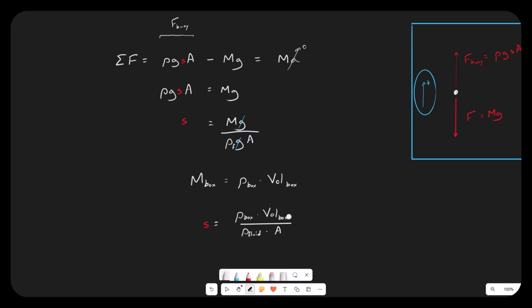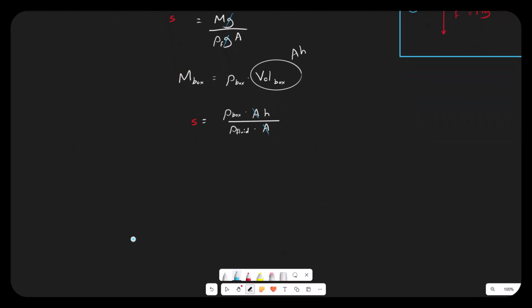The volume of the box is the total area times the total height. Area times height, and now that can cancel too. So what I have is an equation that looks like this.